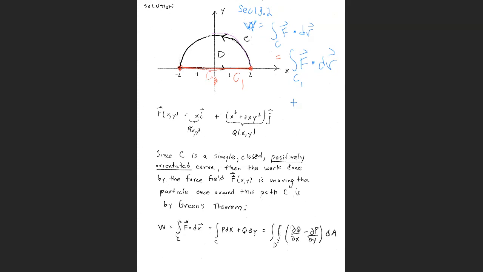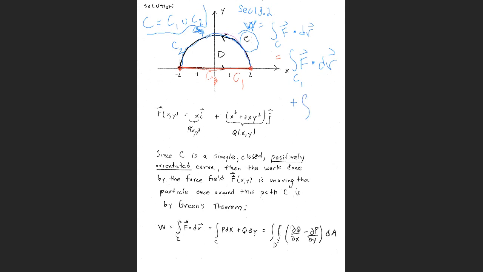That's right, Ellie, because here in blue is the semicircle. So that's your C2. In other words, this closed path C is equal to the union of C1 and C2.